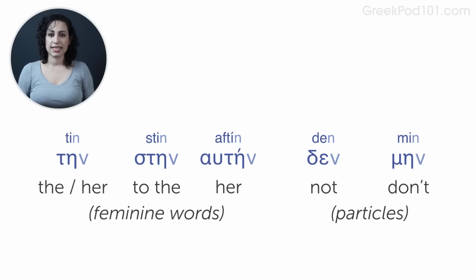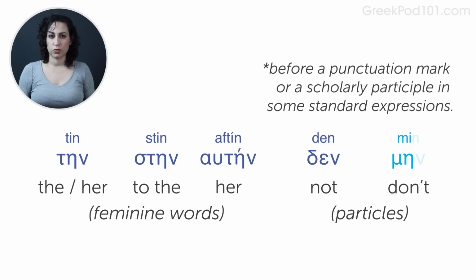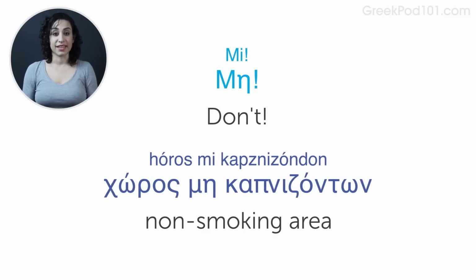In any other case, they lose it. Mean also loses its final ni before a punctuation mark or a scholarly participle in some standard expressions. For example, μη, don't, and χώρος μη καπνιζόντων, non-smoking area.